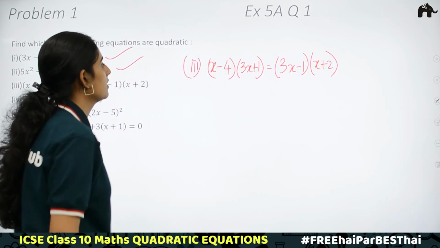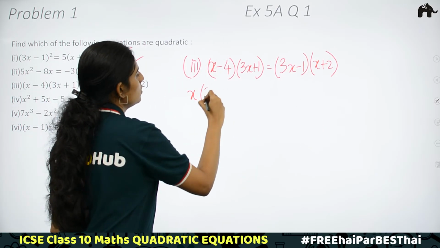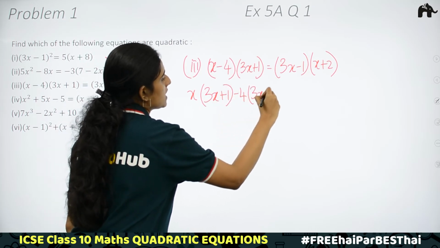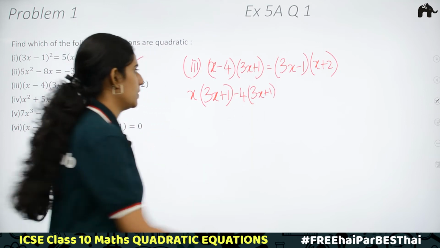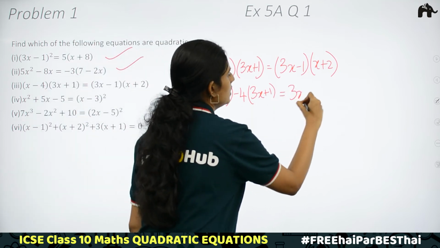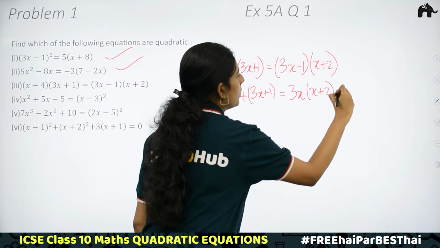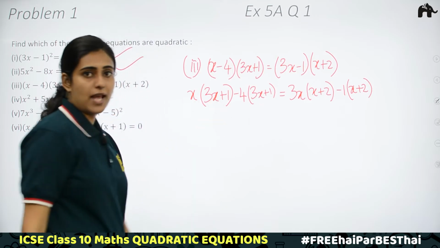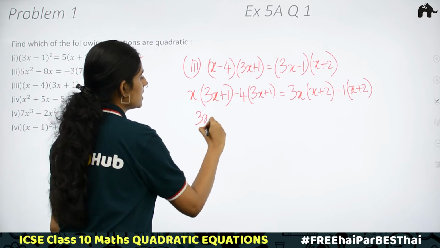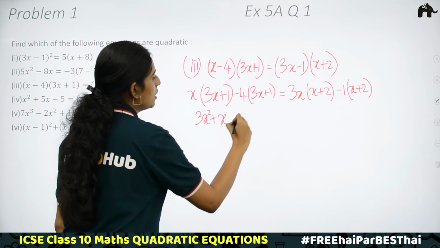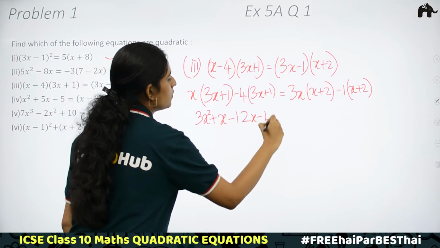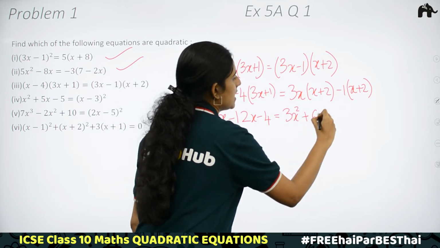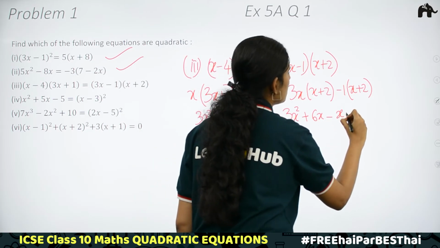On solving, we have x into 3x plus 1 minus 4 into 3x plus 1 using the distributive property is equal to 3x into x plus 2 minus 1 into x plus 2. Removing the brackets, we get 3x square plus x minus 12x minus 4 is equal to 3x square plus 6x minus x minus 2.